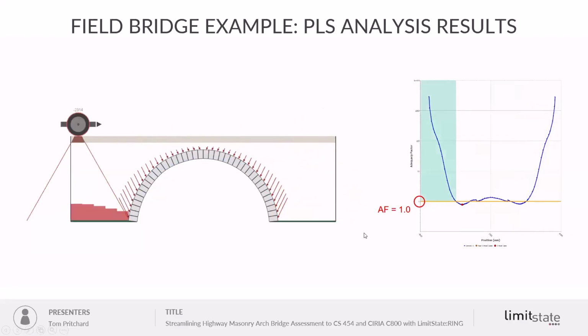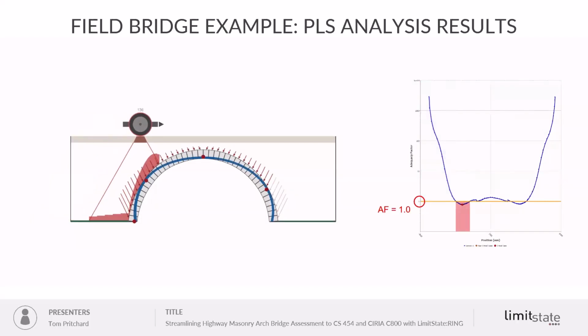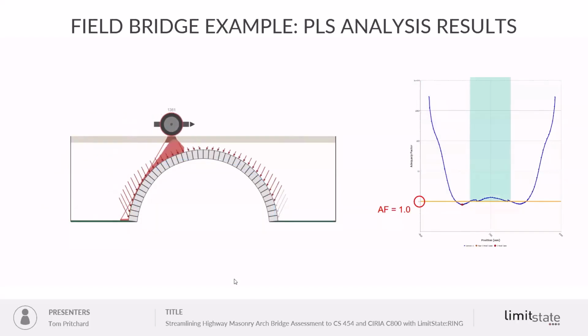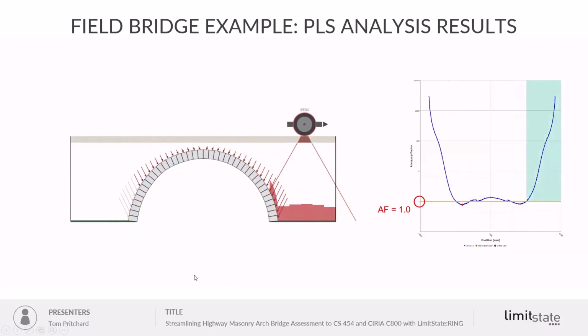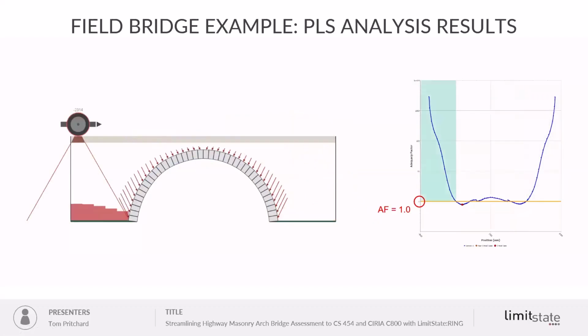The load's starting to mobilize the structure and initialize a failure mechanism where this adequacy factor is below 1. And we know that a bridge can't sustain this behavior over and over without joints opening, closing, moving between locations many hundreds or thousands of times without exhibiting the type of load-induced deterioration that CS454 and C800 are looking for.